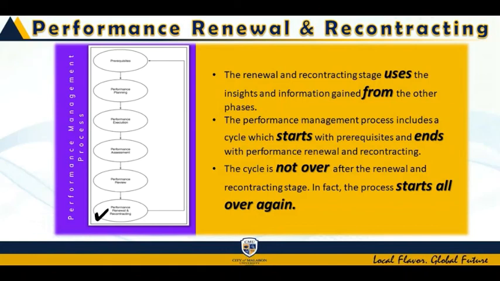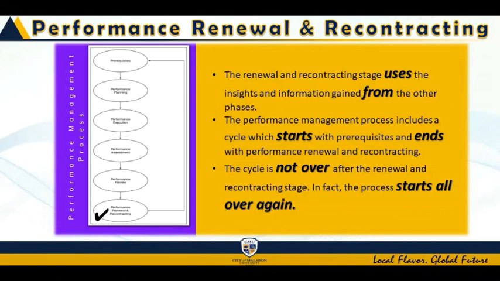The performance management process includes a cycle which starts with prerequisites and ends with performance renewal and restructuring. This cycle is not over after the renewal and restructuring stage. In fact, the process starts all over again.